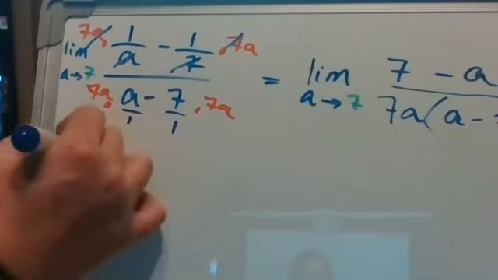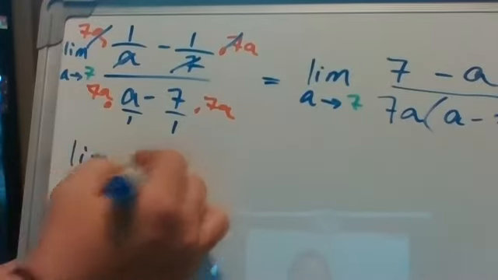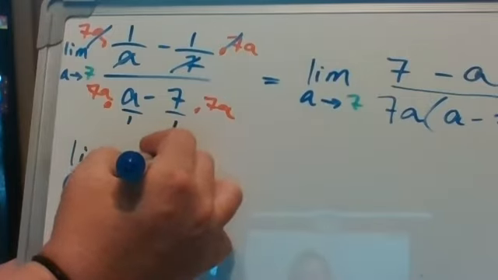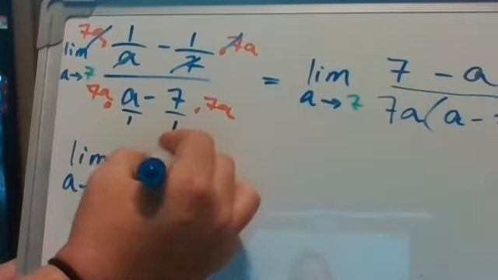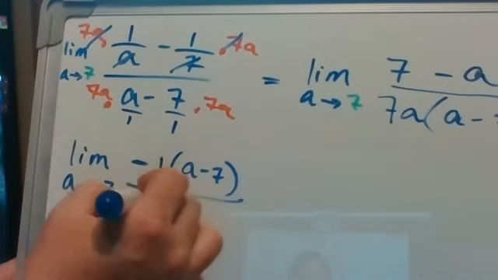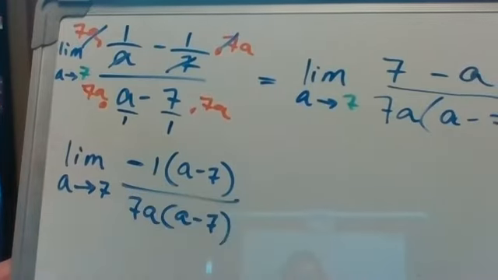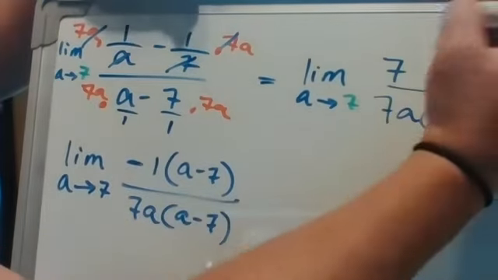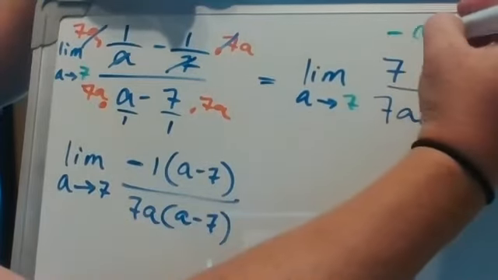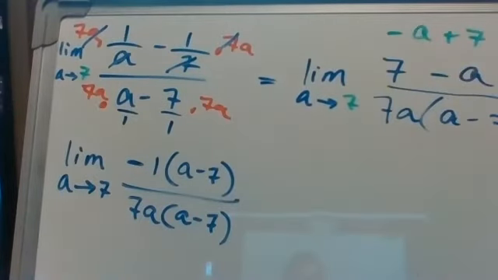So what we need to do is rewrite our numerator as -1 times A minus 7. And just to make sure that you see that, if I rewrite this, this is -A plus 7. And then I just factored a -1 out.